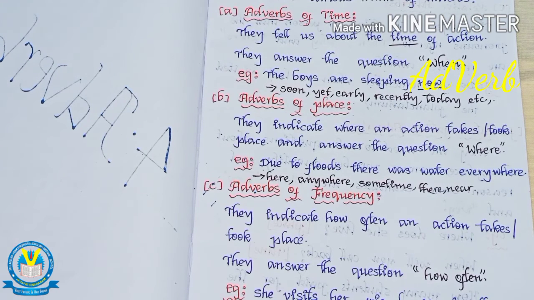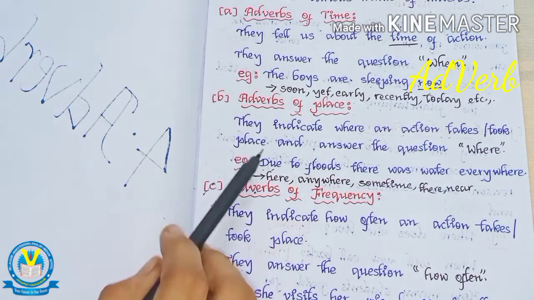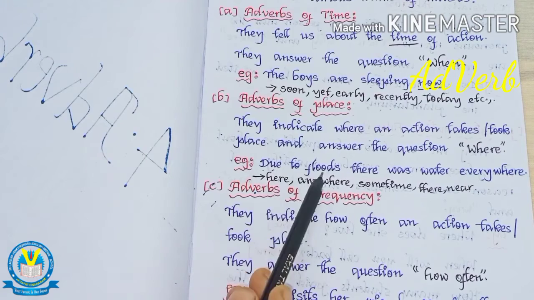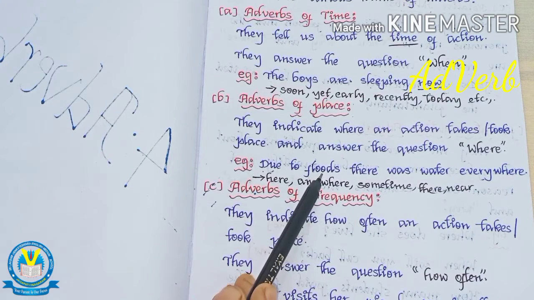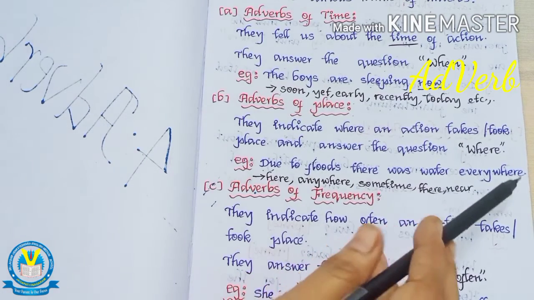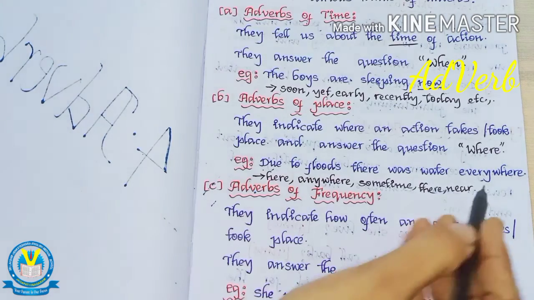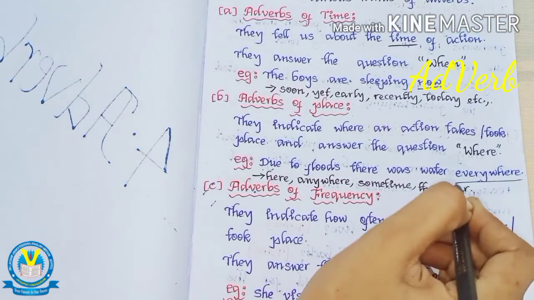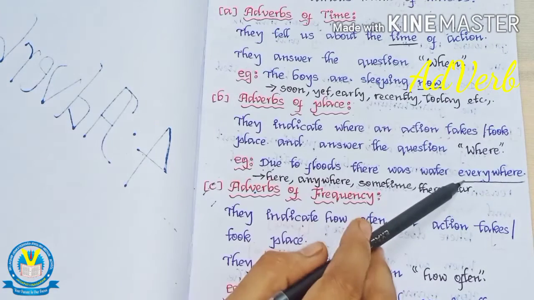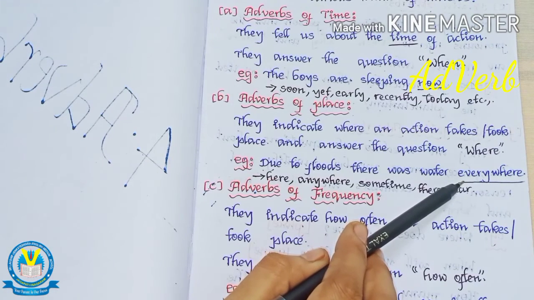Those particular words we call adverbs of place. Look here, due to floods, there was water everywhere. Where is the water? The water is everywhere. Here the word everywhere indicates the place.